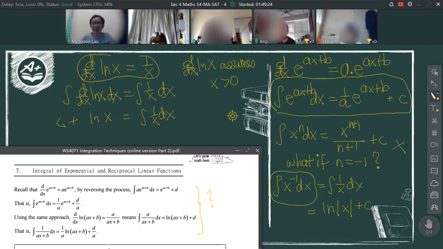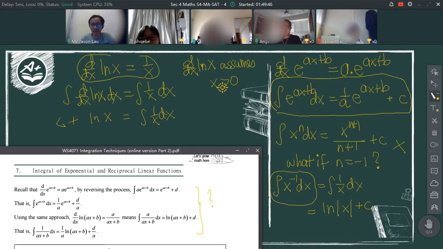When the question is posed that way, you assume in your mind x must be positive. If it's negative, I can't even differentiate because it's undefined. You cannot ln a negative number. So for ln x, you get 1 over x assuming x is more than 0.